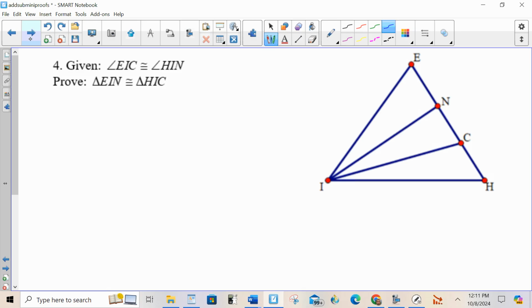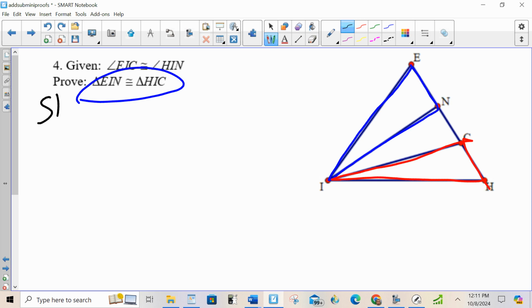Let's do the subtraction version of this. Ultimately, it says that I want EIN, the blue, to be congruent to HIC, the red. Statements, reasons.